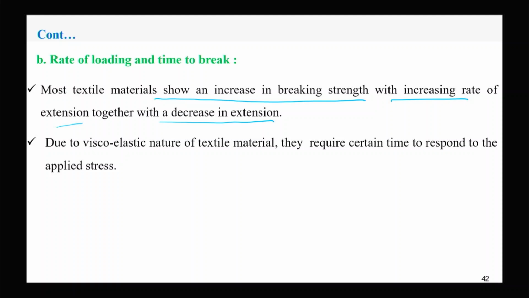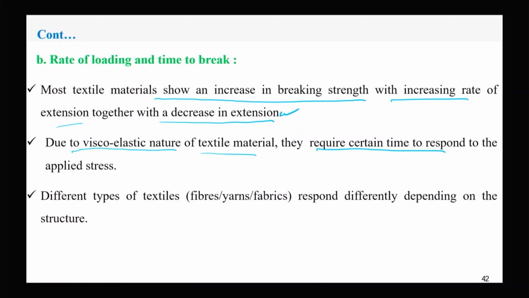So time to break will reduce. Due to the viscoelastic nature of textile material, they require certain time to respond to the applied stress. Different types of textile materials respond differently depending on their structure.